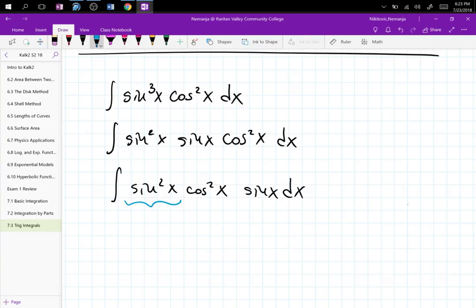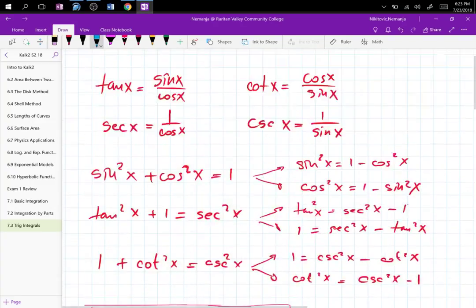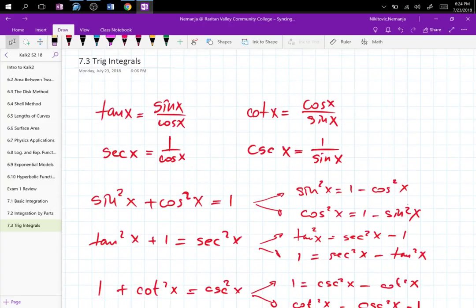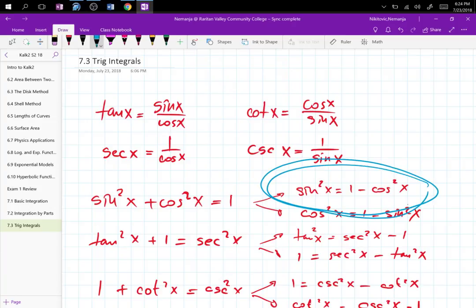we are going to use the fact that sine squared x is 1 minus cosine squared x, and that is on the list of things that I told you that we are going to use, right? It's right there.